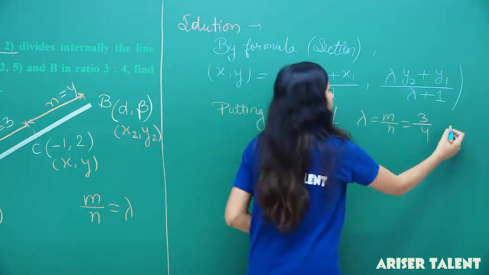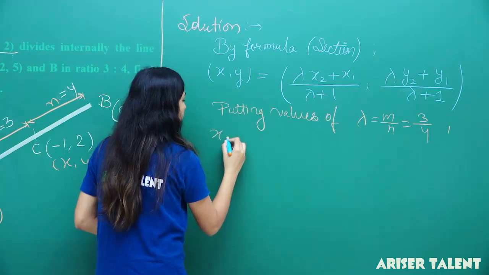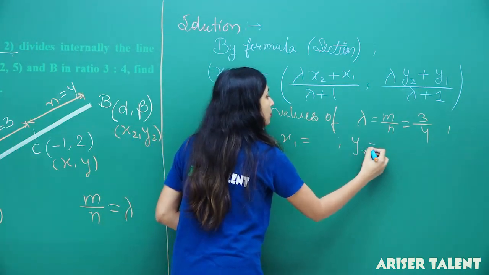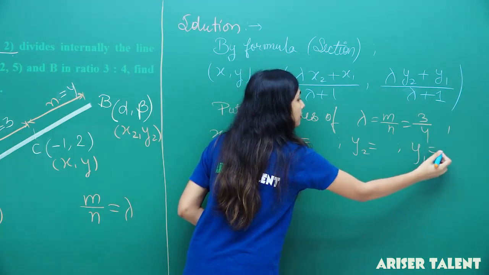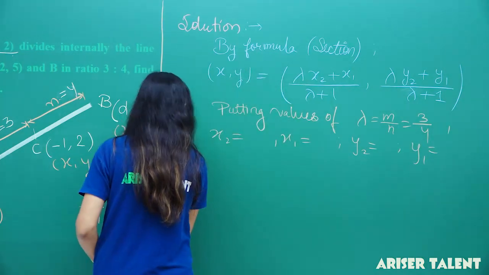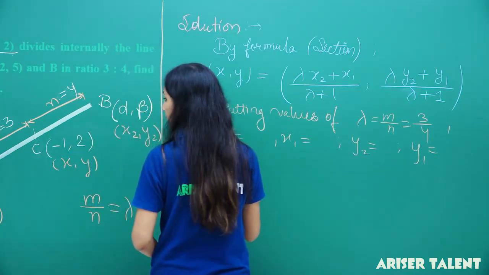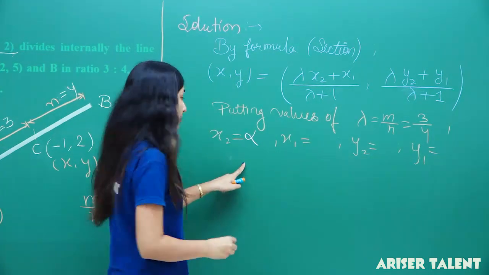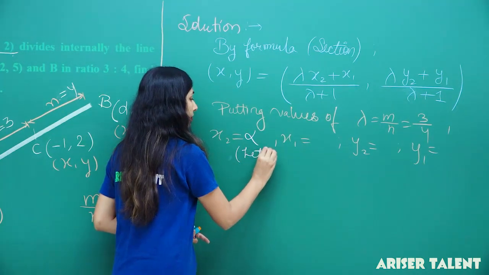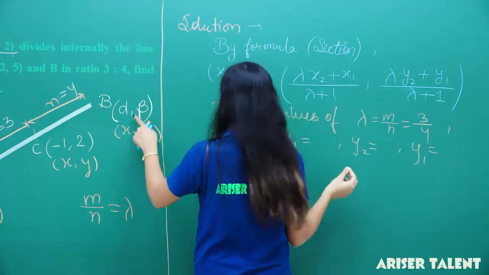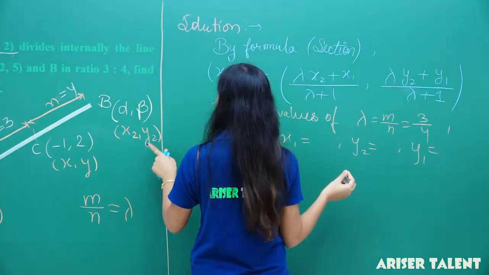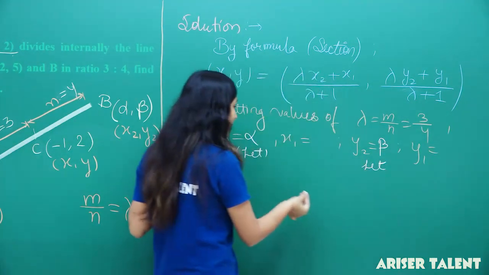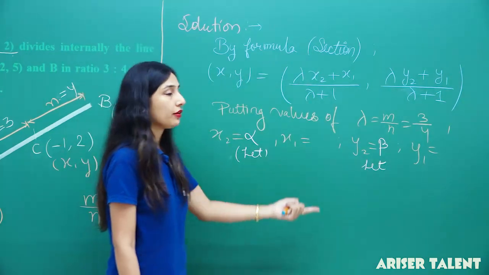Now the values are given here. x2 we have assumed, let x2 equal alpha and y2 equal beta.